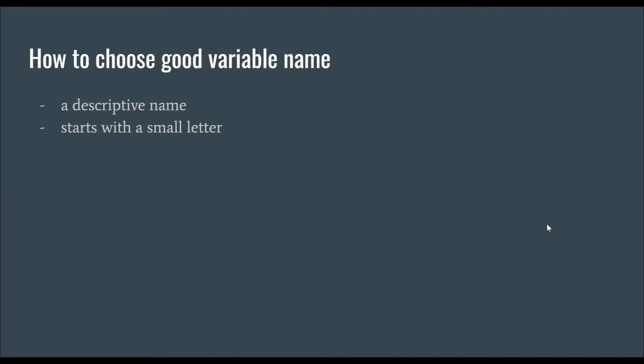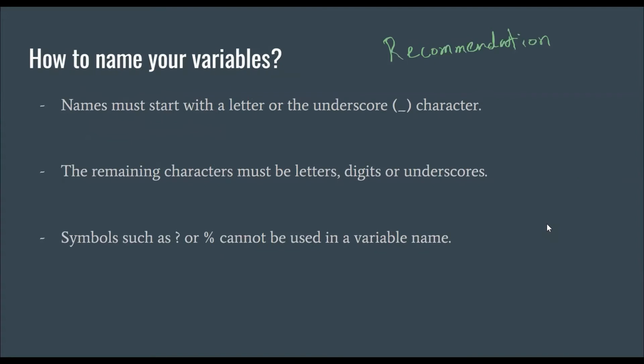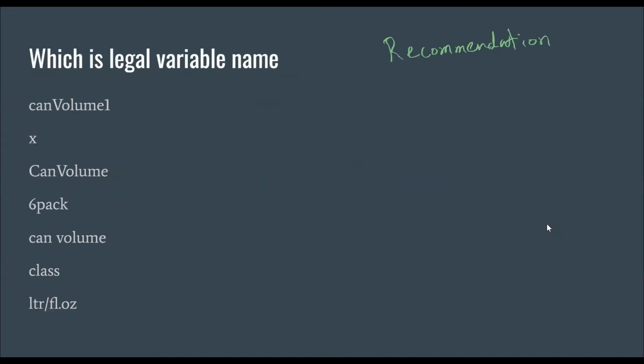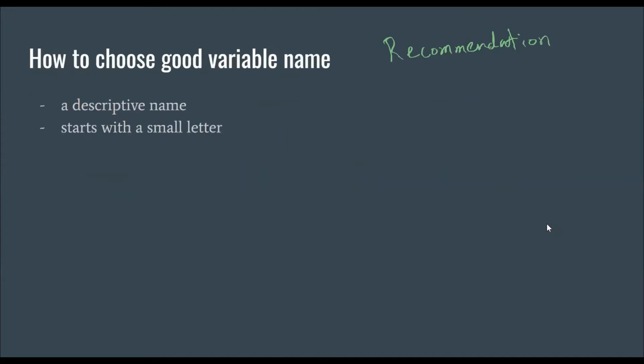Okay, so these are some recommendations on how to choose a variable name. The previous list we've seen, the 5 rules above, are specific rules you have to follow to name your variable in Python. However, the two items here are just recommendations. The first one, you should use a descriptive name.